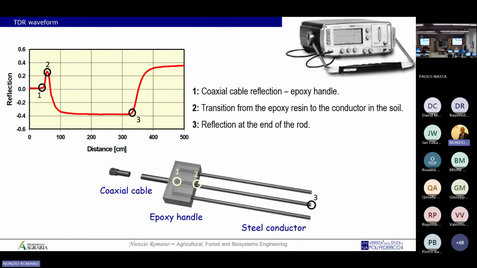There is no way for the wave to move into the metallic rod. So just a part of the wave remains into the system, but gets back from 3 to 2. So what we measure is the distance between point 2 and point 3 on the screen.